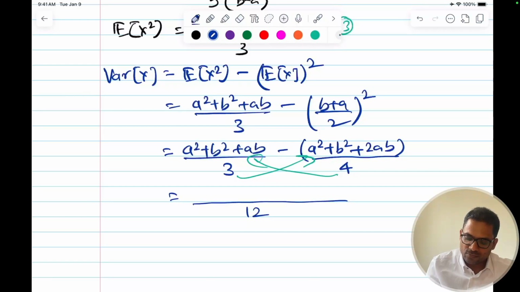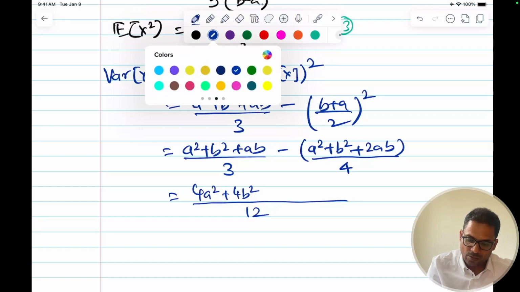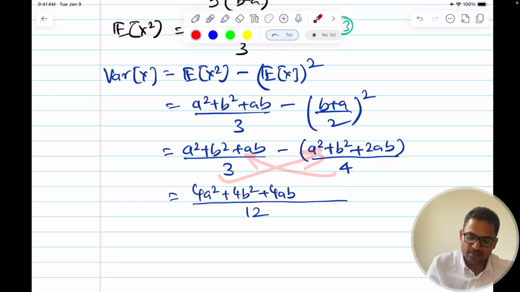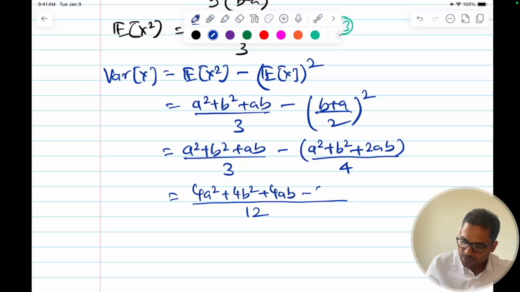So what will be 4a square plus 4b square plus 4ab. I multiplied this here. Now 3 times this value, subtract it because you know the maths. This is minus 3a square minus 3b square minus 6ab. I open the brackets.